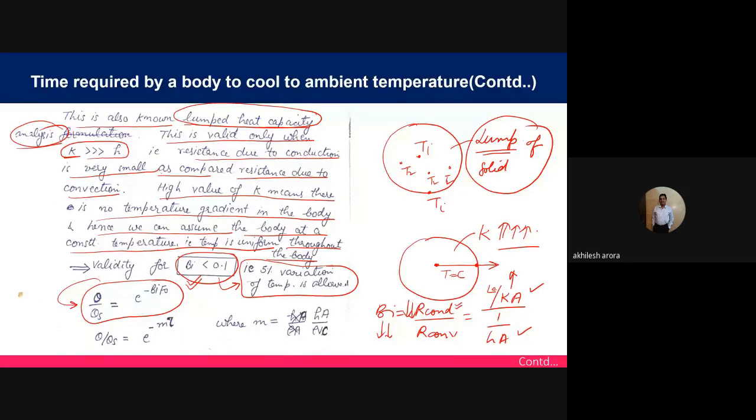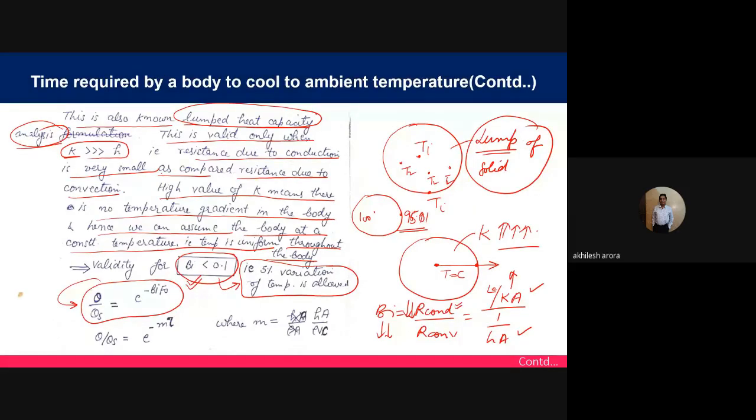So it directly means that if the temperature at the center is 100 degrees Celsius, then at the surface the temperature will be about 95.9 or 95.01. So it's a variation of less than 5%.